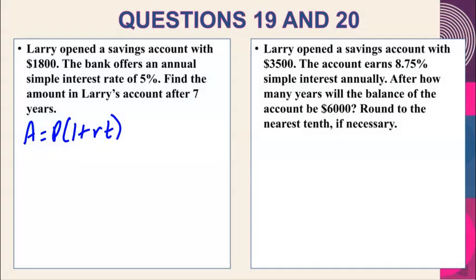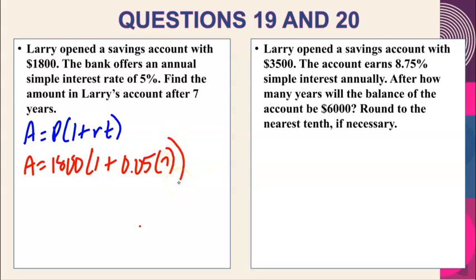So now to solve this one, I need to solve for A when the principal amount is 1,800 times 1 plus the rate as a decimal, which would be 0.05, times the time in years, which is 7. So again, simple interest rate means you are just adding the interest to your principal amount. So the interest earned would always be the same every time.